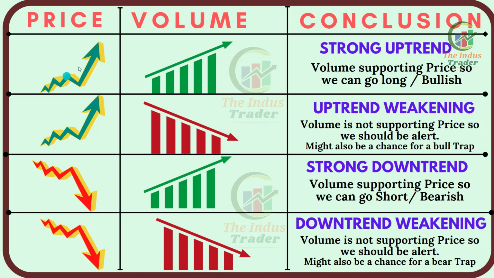If the market is moving upside and the volume is also supporting that move, whether upside or downside, then obviously that's an uptrend, and that trend has potential to continue.